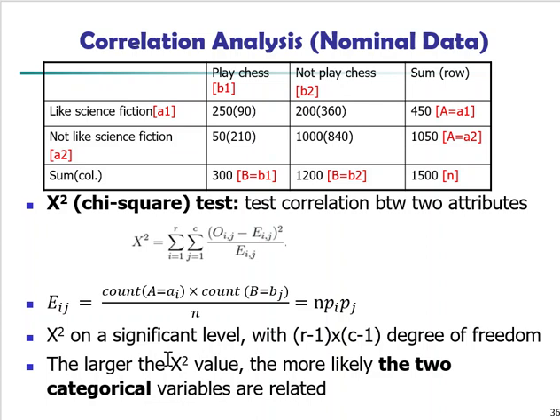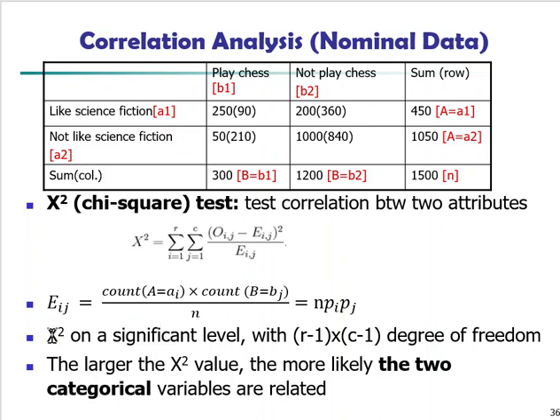Then we have a chi-square table, just like we have a z-score table, for us to find either the critical value of the chi-square distribution or the probability of observing this chi-square statistic.